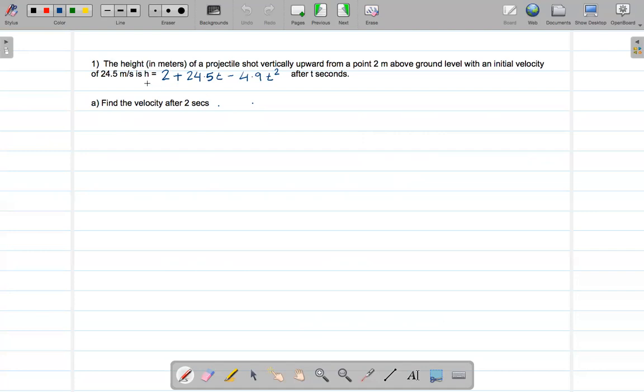So here, h is equal to this thing. Since we're saying the height of the projectile, h is equal to this, which means the height in meter. When you see meter, that means this whole function is a position function.